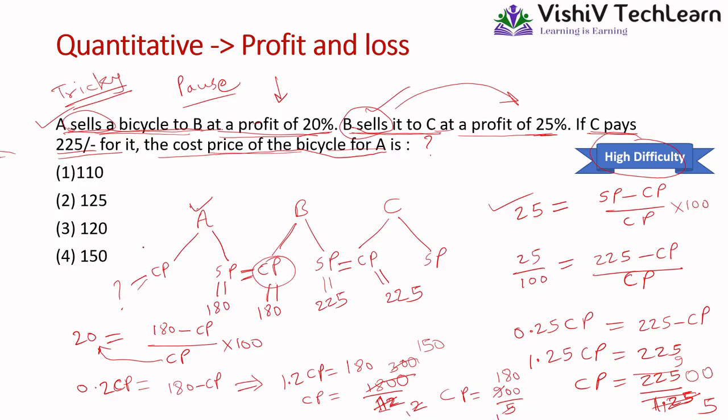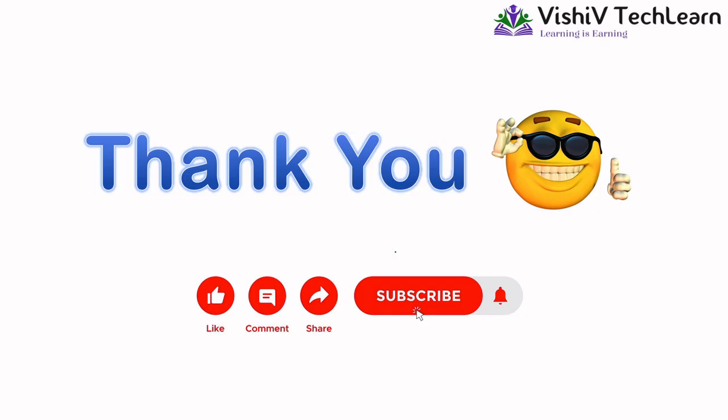So finally this CP is 150, and that is the final answer of the question, which is the fourth option, 150, is correct. So this is how you can solve many questions on this topic, and as you solve many questions you will be confident in this topic. Thank you.